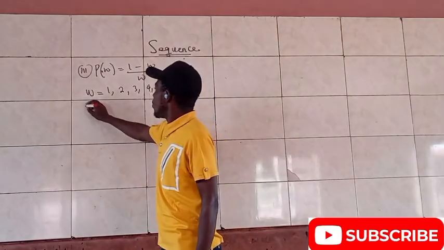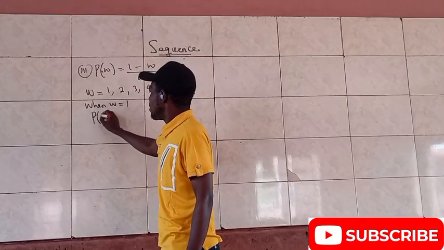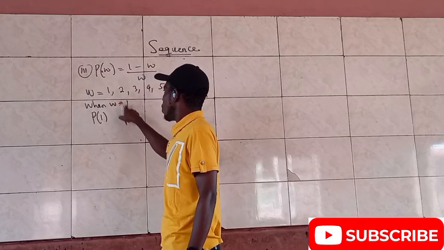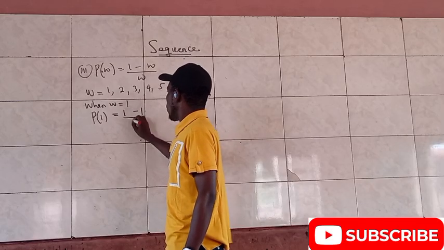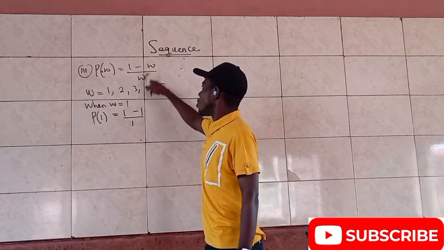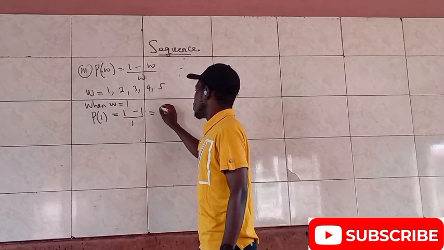So I'll say when w equals 1, so I have p1, because w is now 1, equals 1 minus 1 over 1. W is here, so I'll put 1 here, and that's equal to 0 over 1.